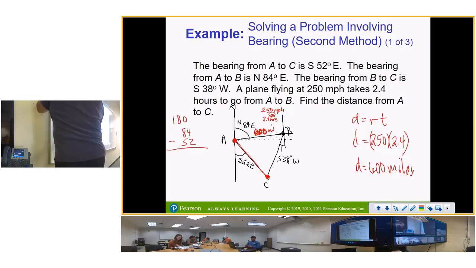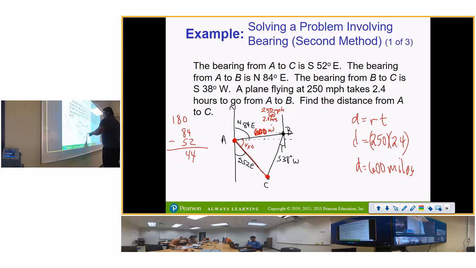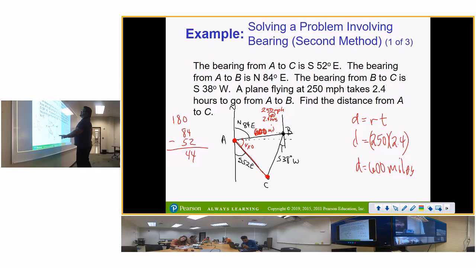What do you get? 44. So that angle is 44 degrees. And then this angle over here, 38 degrees. Let's see, 38 degrees. We're going to have to take 180 minus 38. I hope I got this thing drawn right.